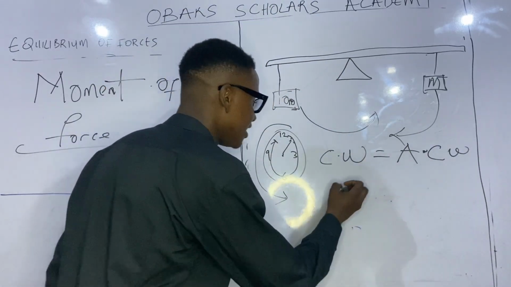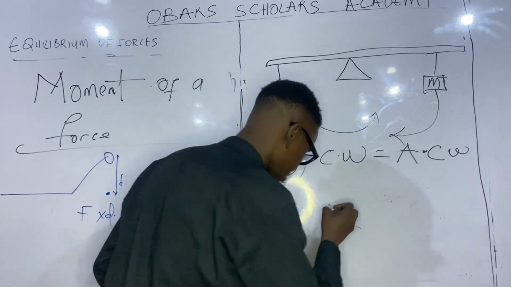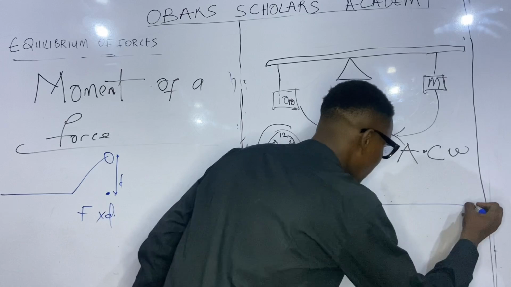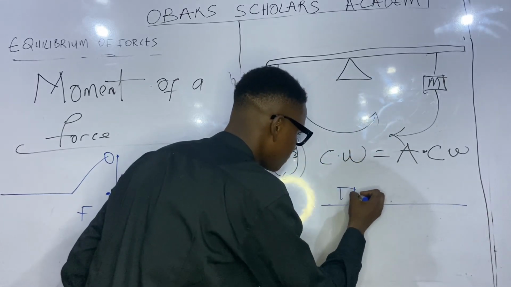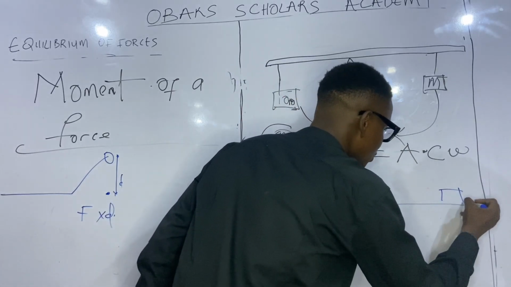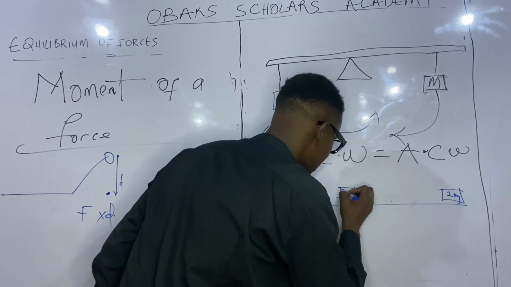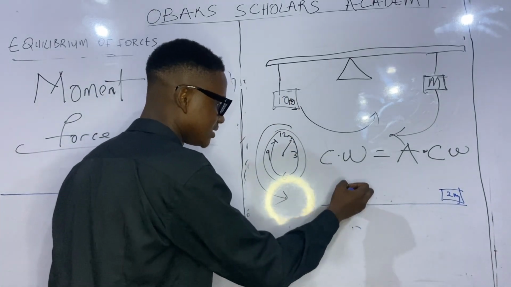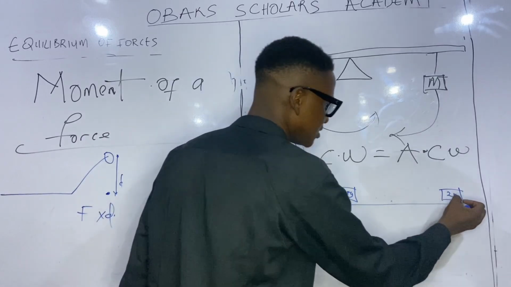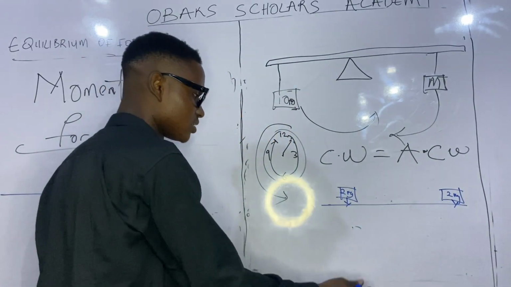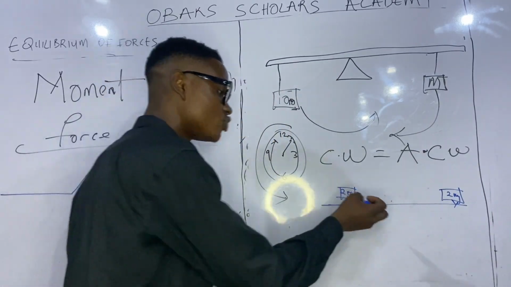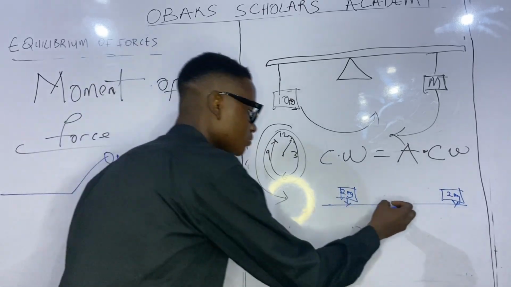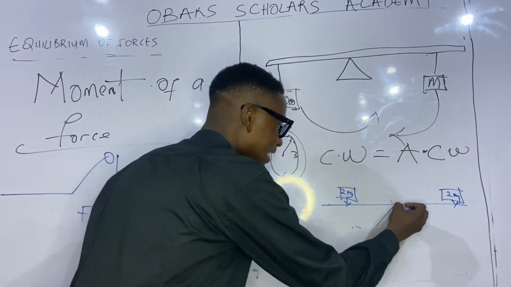For instance, if we have this ruler and we put masses here, like 2 kg, and they are acting downwards, so this is a downward force. The upward force that is making this ruler stand must also be equal to the downward force. So the upward force can be applied by this.